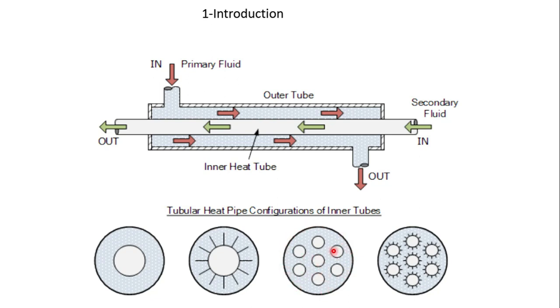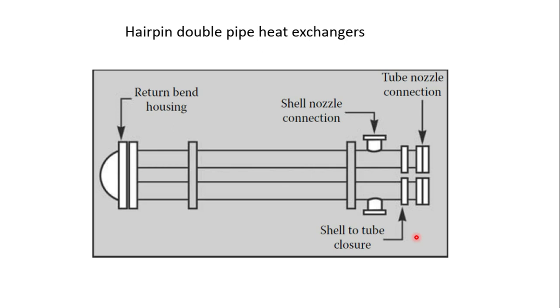These tubes may have a simple configuration, or they may have the extended surfaces, known as fins, on the outer diameter of the inner tubes, right? This is the extended form of the double pipe heat exchanger.